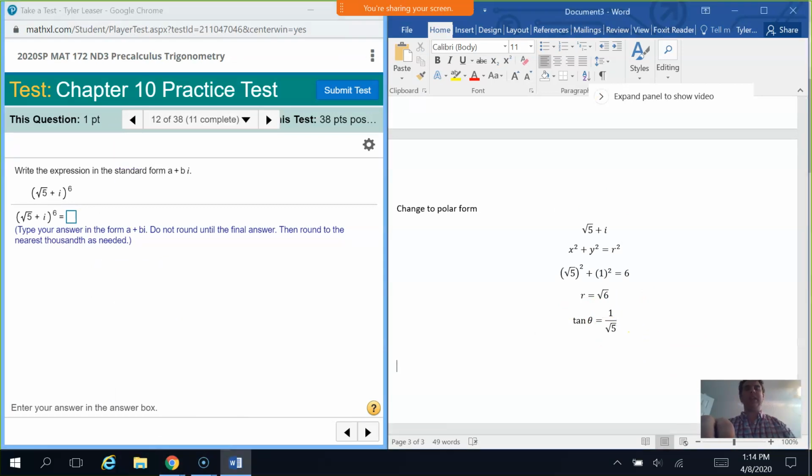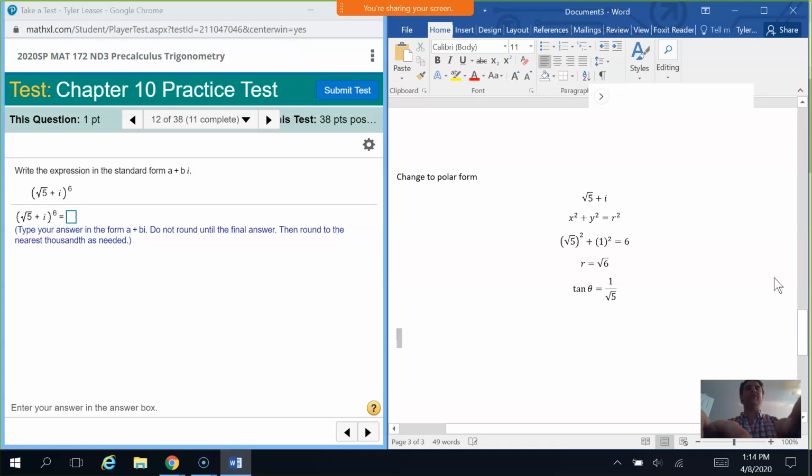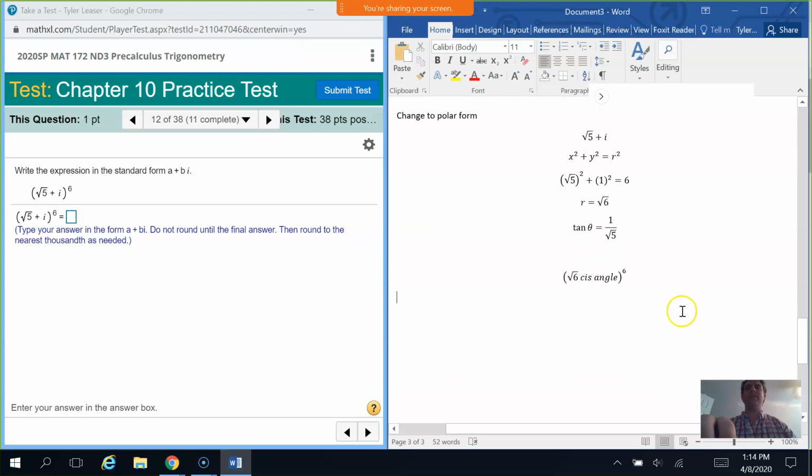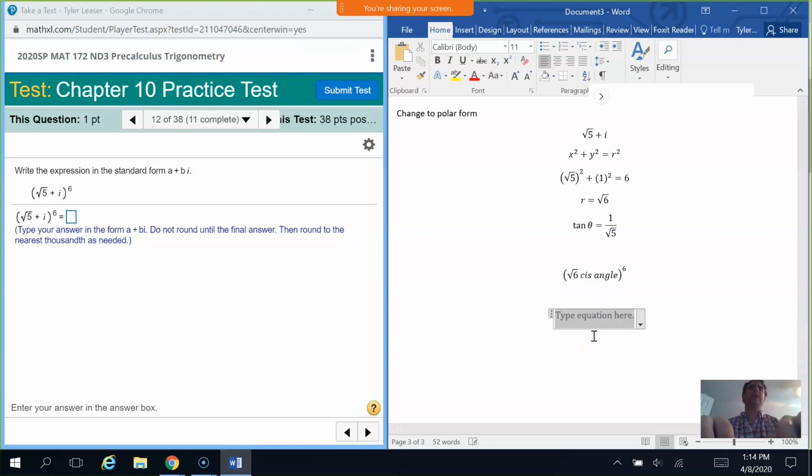All right, so whatever that angle is, then you're going to write it in that other form. So the other form is going to be the r value out in front, which is square root 6, times cosine plus i sine of whatever this angle was that you just got from here. And we're going to take that and raise it to the 6th power. Raising it to the 6th power just means you're multiplying it by itself 6 times.